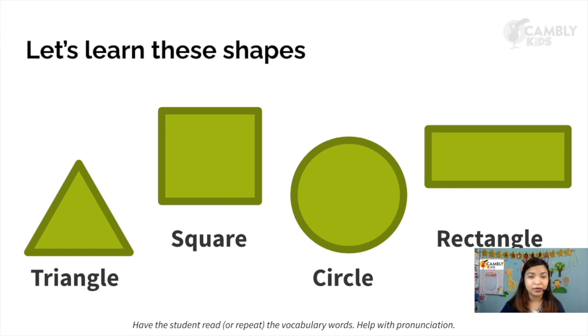Next, let's learn about the shapes. So don't forget that if your student did a very good job, or just pretend that they did a good job, because Cambly likes to see teachers giving students their rewards. So you just have to give them rewards. You get your candy.